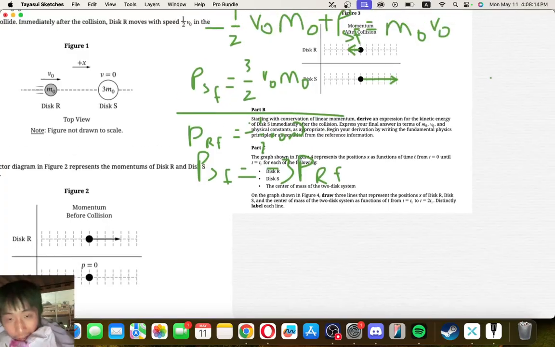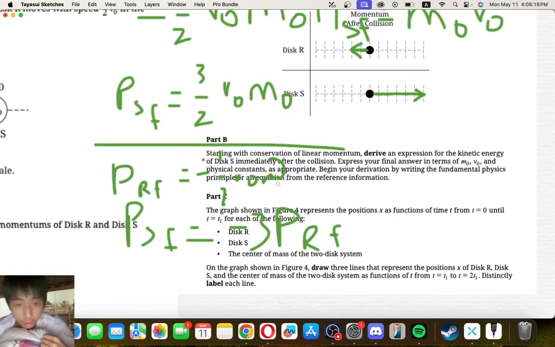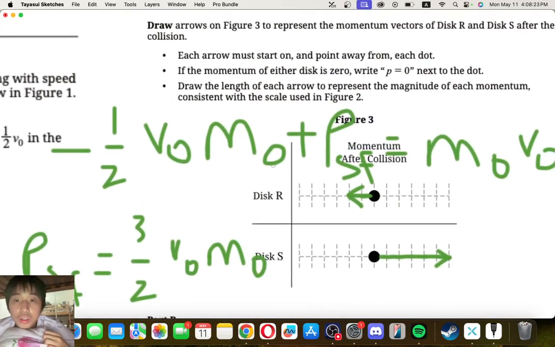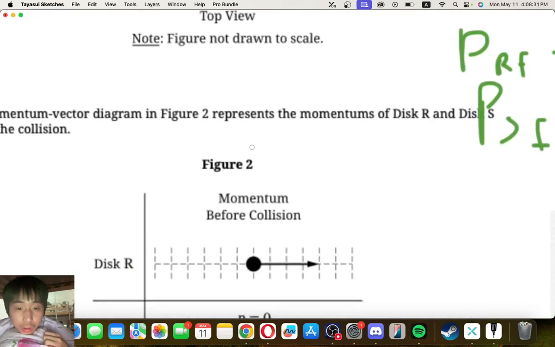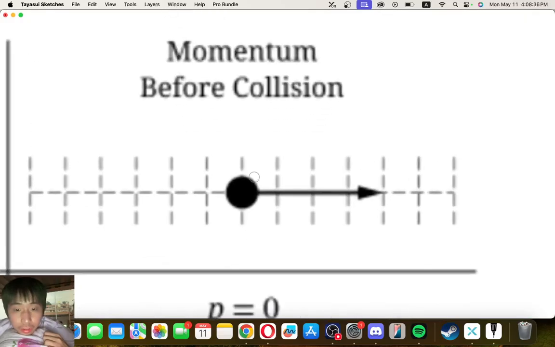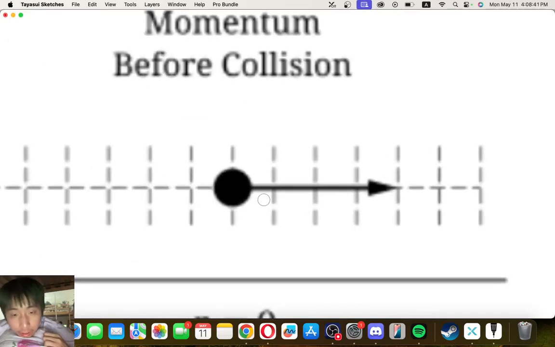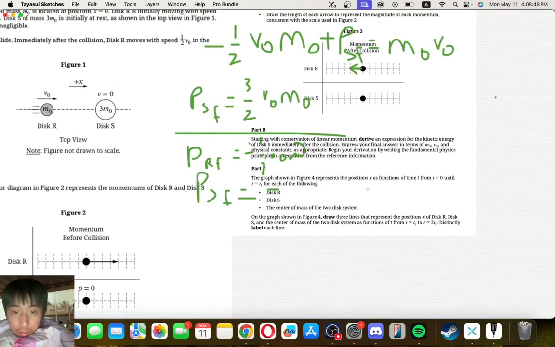Okay, so this is what it should look like. The easy stuff. Draw the length for the magnitude consistent with the scale of figure 2. If we're going consistent, then we did not have to do that ratio. I know, my dumbass.